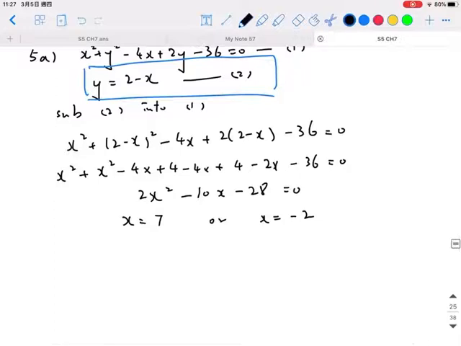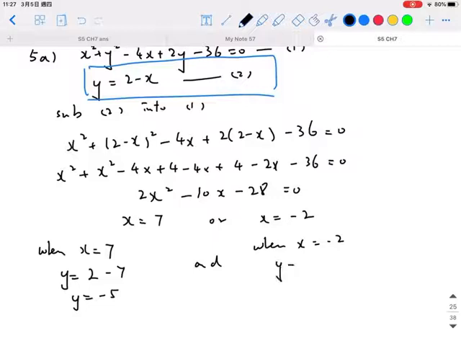So substitute when x is equal to 7, y is equal to 2 minus 7, which is equal to -5. And when x is equal to -2, y is equal to 2 minus -2, so y is equal to 4.